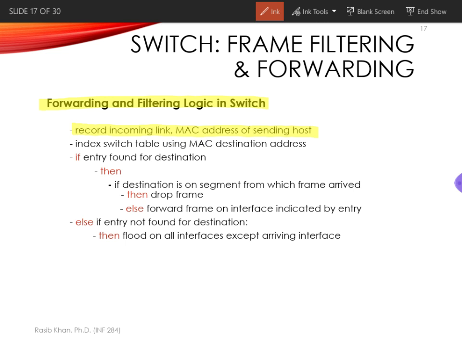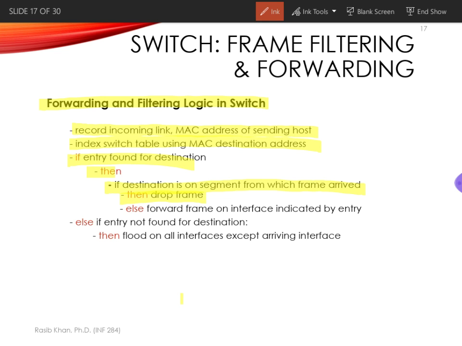So it records the incoming link with the source MAC address. If the entry is found for the destination MAC address, the first thing it checks is whether it is the same segment of the network that I need to forward it to, which means, is it actually the same link? If so, it just drops the frame.